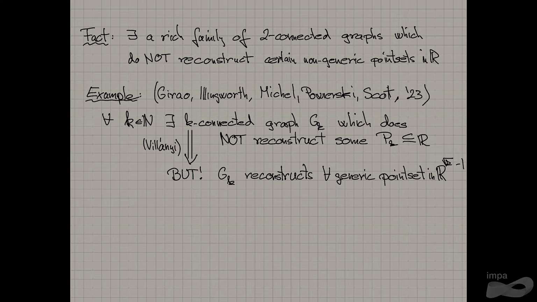And if you look at it and you couple this with the result of Villani, then you see that this also implies that G_K, this graph with such high connectivity, will reconstruct any generic point set in a dimension which is roughly square root k. So this is a separation.